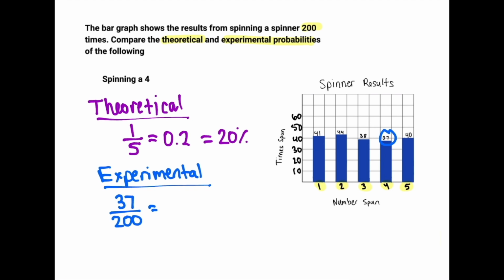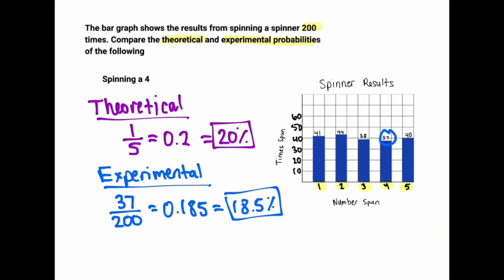When you take 37 divided by 200, we get 0.185. As a percent, that's 18.5%. So now let's compare what we got in our experimental probability to what our theoretical probability is. We were only 1.5% off. So our experimental probability was pretty close to the theoretical probability.